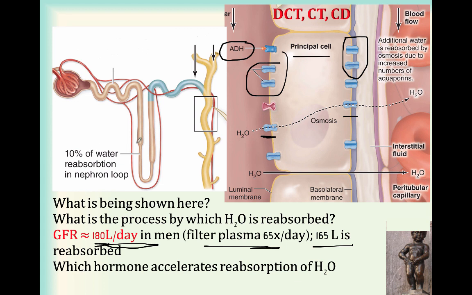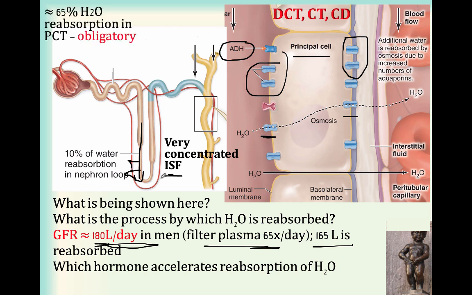Okay, so some of it is reabsorbed here. We have aquaporins in the descending limb, which are not affected by ADH, so not affected. The interstitial fluid here is very, very concentrated, and that's going to help to draw out water as the filtrate is moving down through the descending limb.